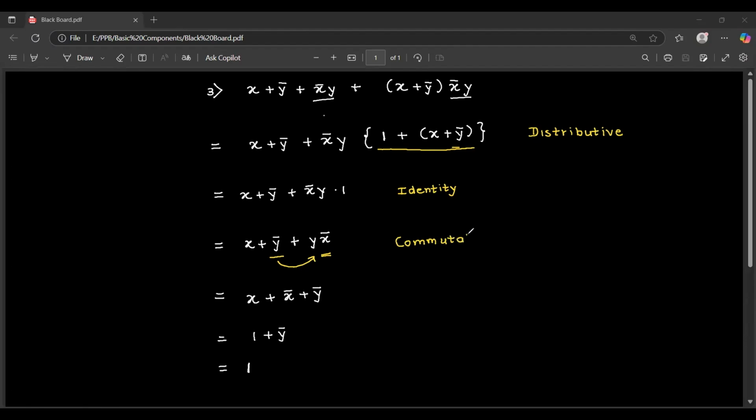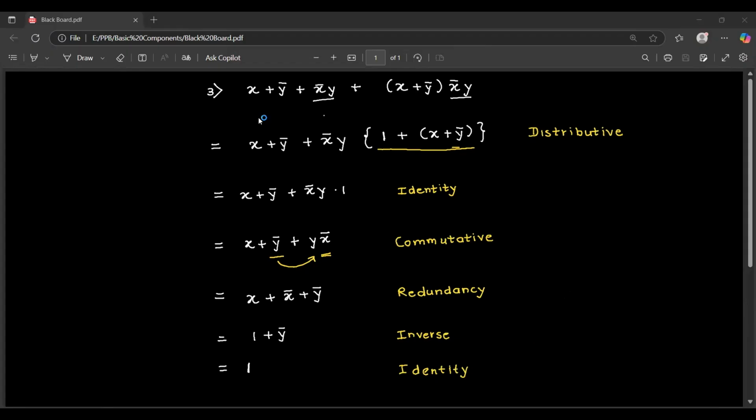Then here we have used the redundancy law. Then we have used the inverse law, x plus x bar, and finally I have used the identity law again.